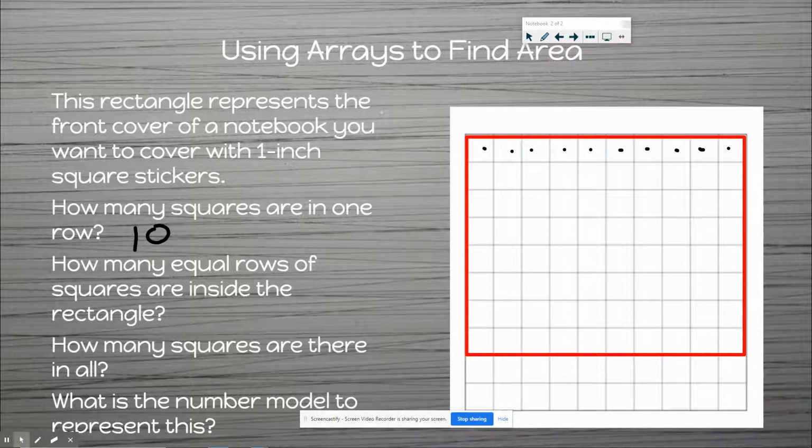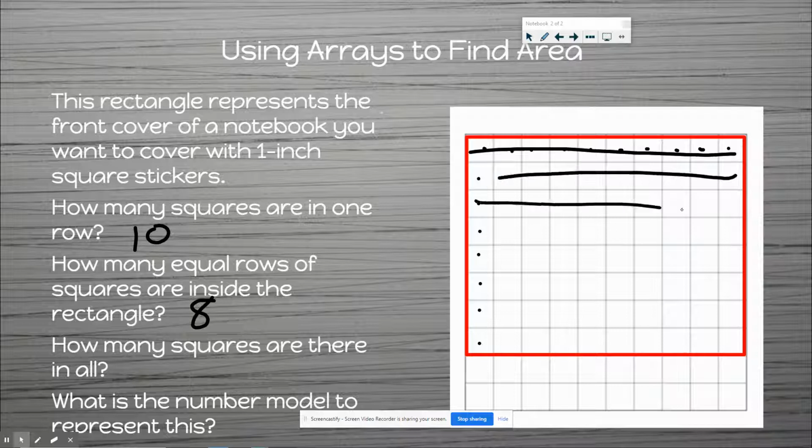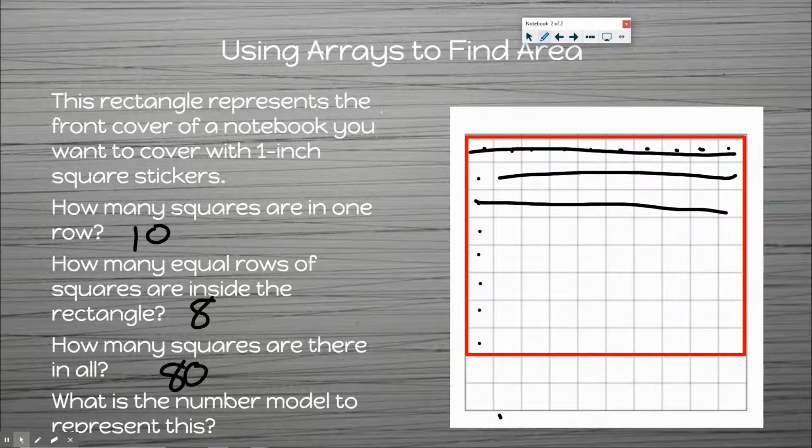So I've got 1, 2, 3, 4, 5, 6, 7, 8 equal rows. So when I think about this, if this is 10, all of these are going to be 10. So I'm going to be counting 8 tens. And 8 tens is 80. So my number model to solve this is going to be 8 times 10 equals 80.